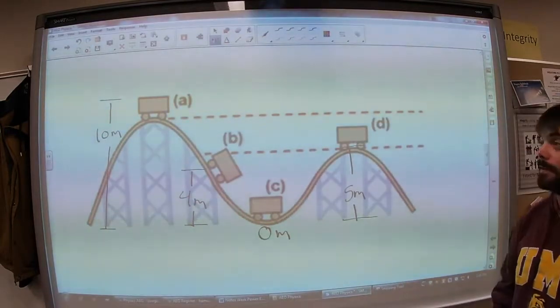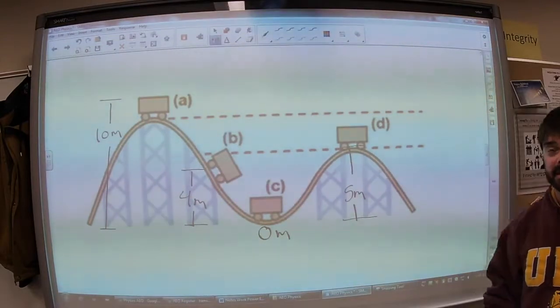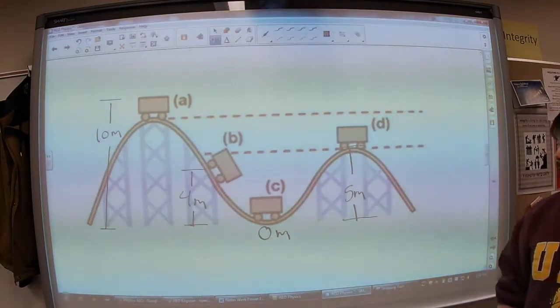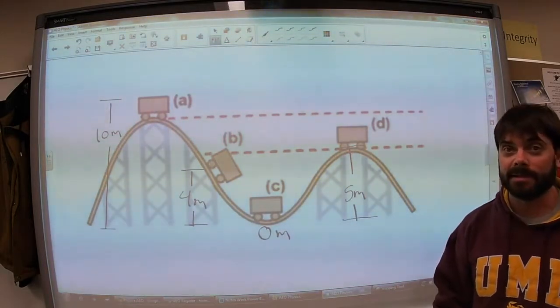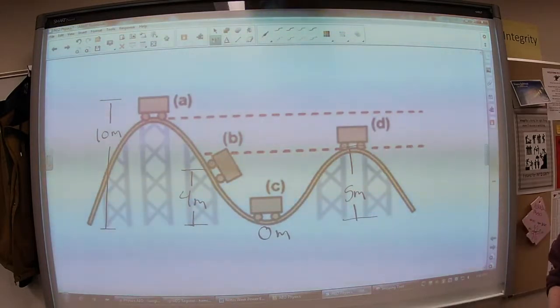Now they're going to ask for some different things about this. For position A, B, and C, they want us just to find the potential and the kinetic energy. For position D, they're going to just give us the height, and they're going to ask us to find the velocity.